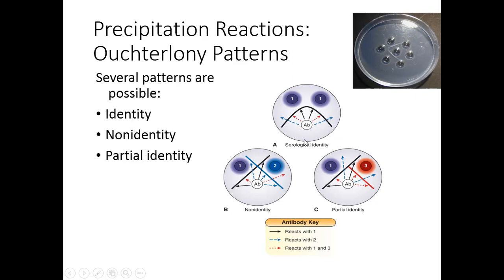This is going to tell us, and we're going to talk about in a second. This pattern identifies this as serological identity. The antigen from the patient is the same as the one in the control standard that we put in there. When we get this X in the middle, this means that the antigen of the patient is not the same as what we put in for the control.